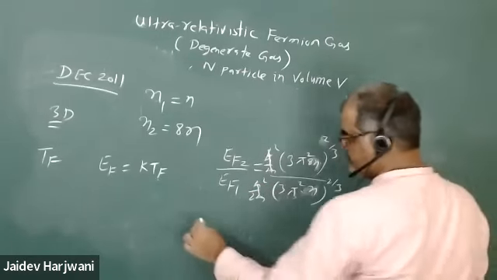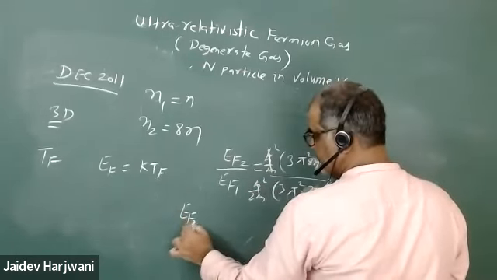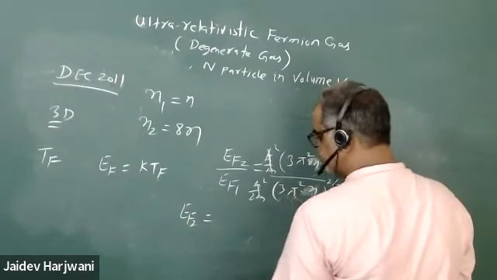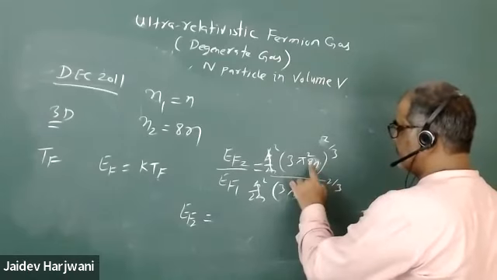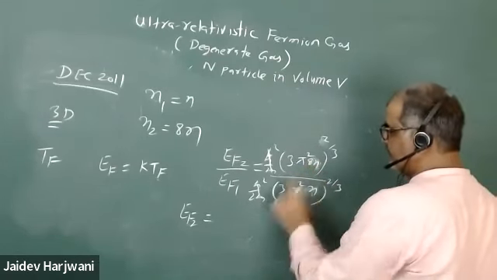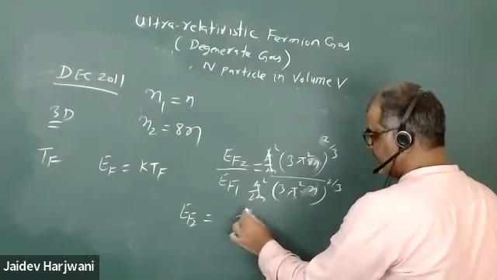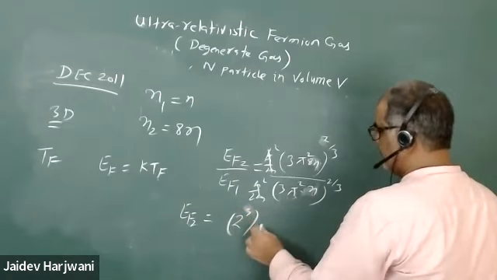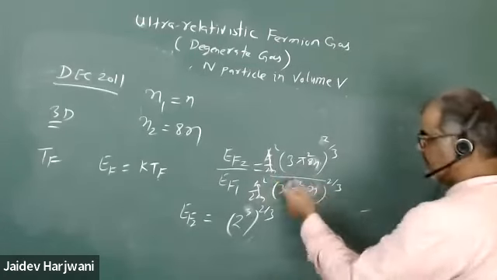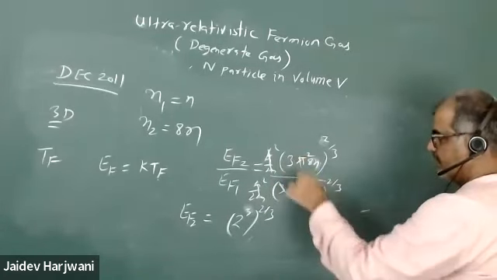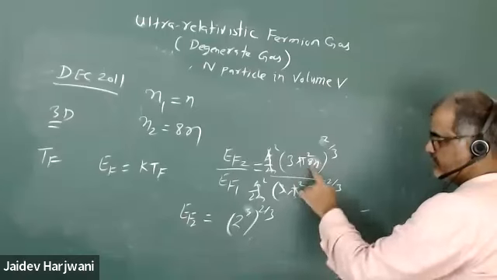So now the Fermi energy will be EF2. Tell me, what will come? So this 2, how do we write it? 2 power 1/3, and 2 power cube, 2 power 3. All the rest will cancel out, only the 8 remains, so it is 2 power 3.